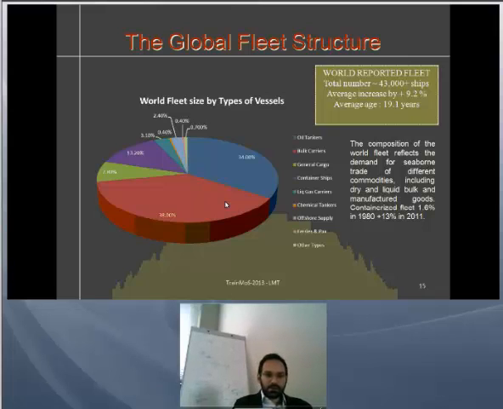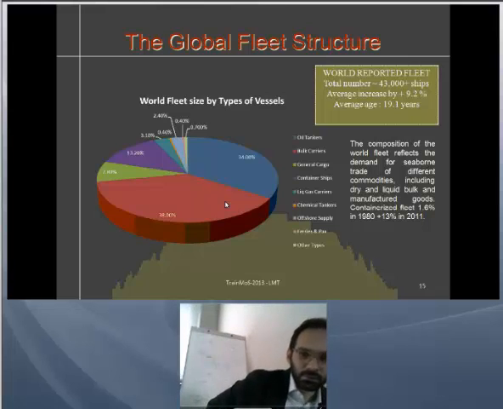The world fleet is composed of various ship types, and here in the graph you can see that we have, for example, oil tankers, bulk carriers, general cargo vessels, container ships, liquefied gas carriers, chemical carriers, and offshore supply vessels. We have the ferries and RoPax vessels, and of course other types of vessels that are dedicated to specific works.